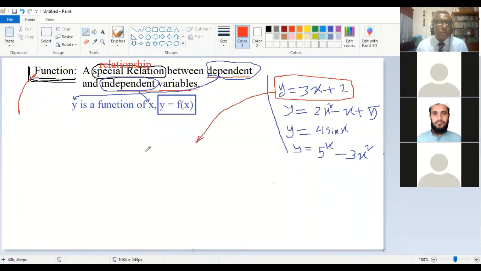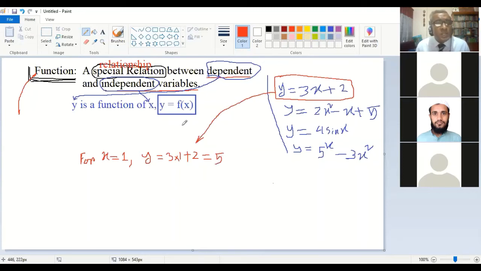So if x equals 1, what will be the value of y? You can just put the value here and it will be 3 into 1 plus 2, so it will be 5, isn't it? Yes, sir. Is it okay? Yes, sir.